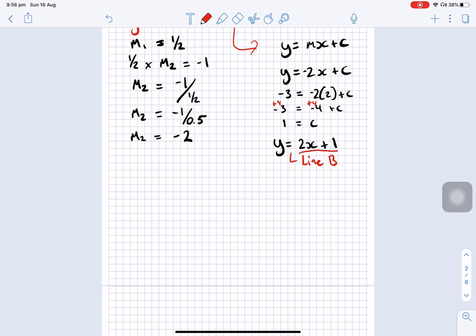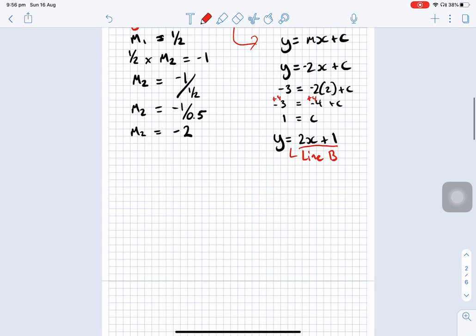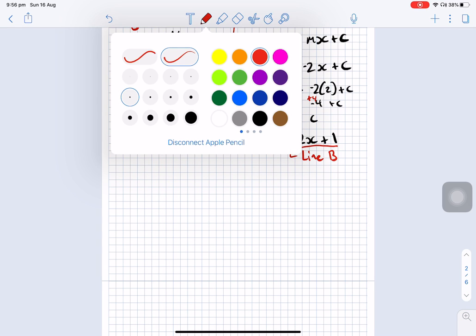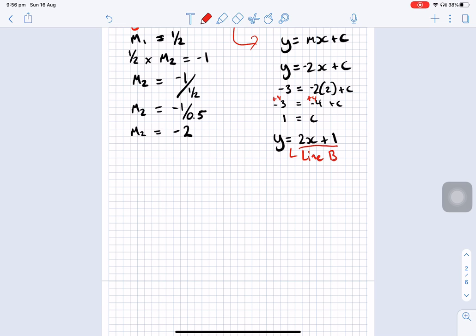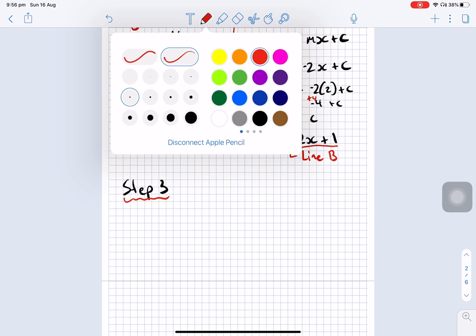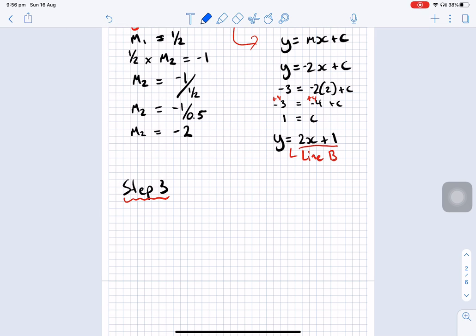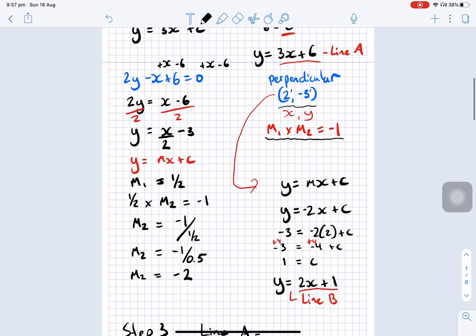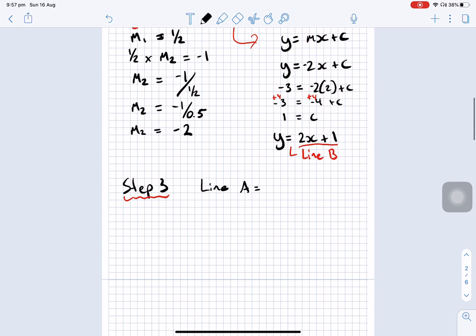Okay. So now we want to graph, so we're up to step 3, and I'll put a little heading there, which is graph our two lines. And we now know our two lines are line A, y equals 3x plus 6.